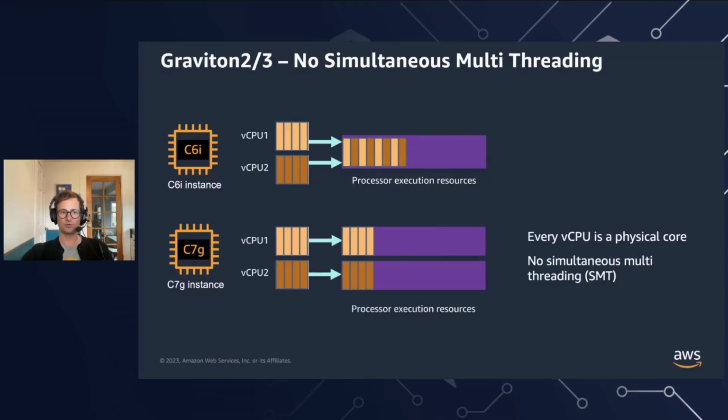It has consequences on benchmarks, or performance analysis. If, for example, you're running an application that is single-threaded and you try running that on an otherwise empty system on an Intel-based instance, you will usually get a pretty good performance. And if you compare that to the same application running on Graviton, in some cases, you will see the Graviton version running slower.